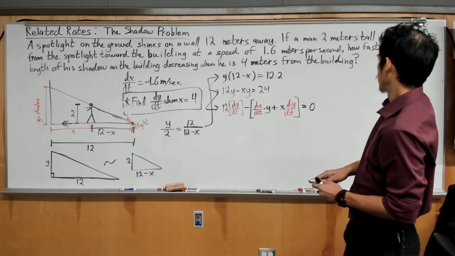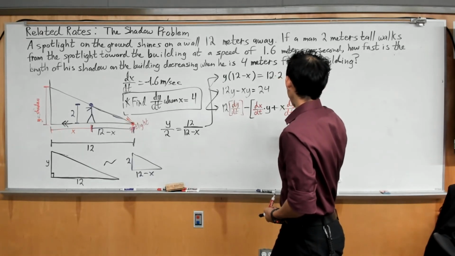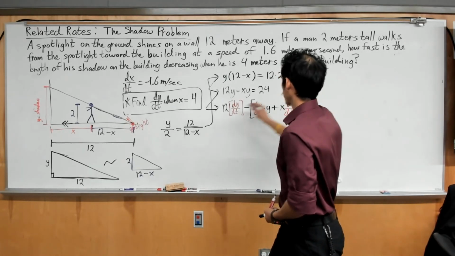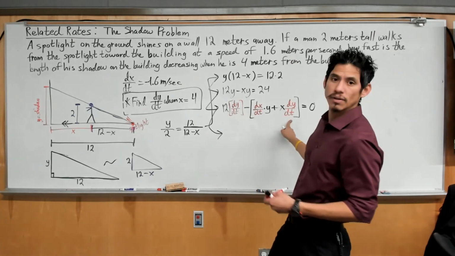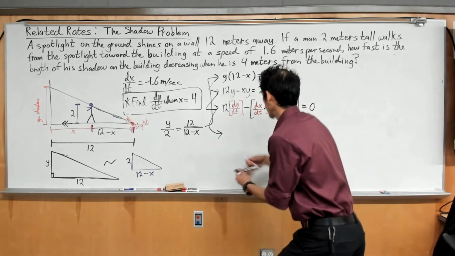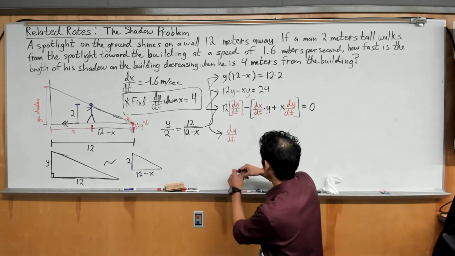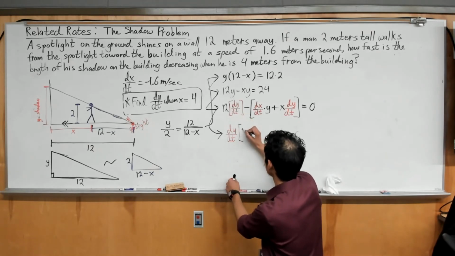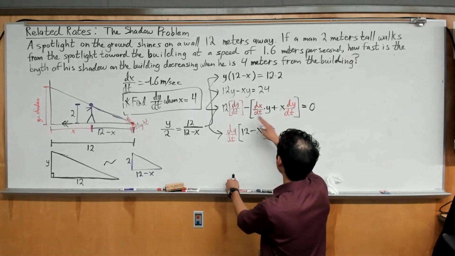Okay, let's go one more line over here. So let's solve this for dy/dt. Let's bring the dy/dt to the left. So we'll have dy/dt times 12 minus x, minus dx/dt times y on the left.